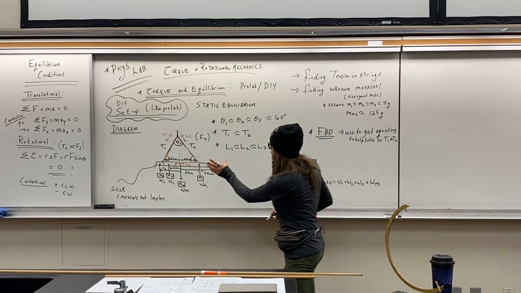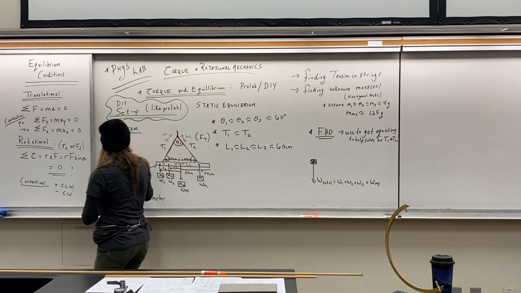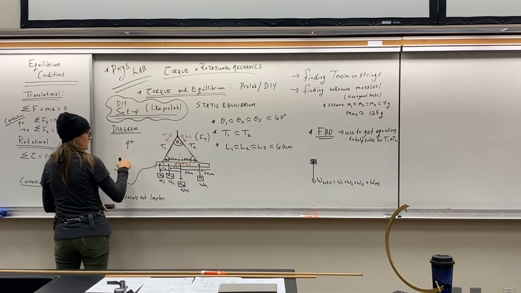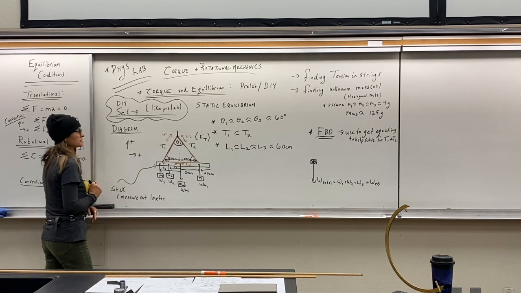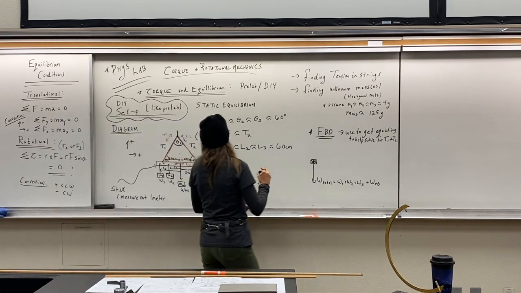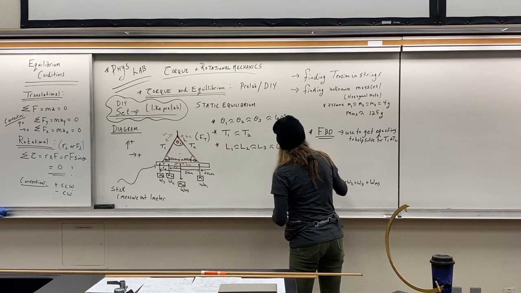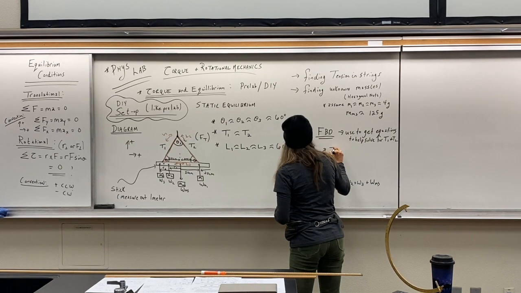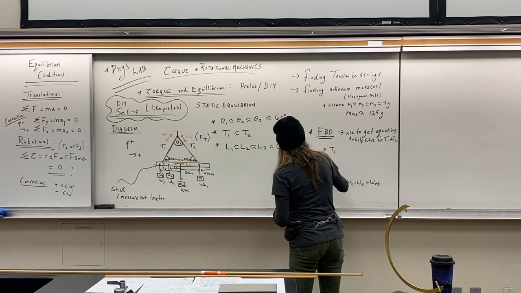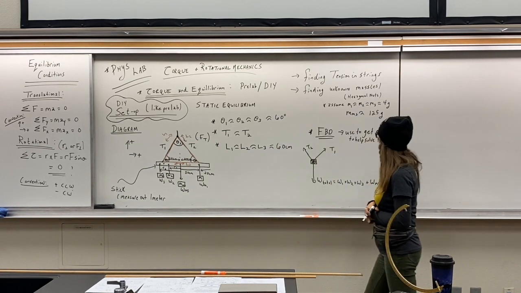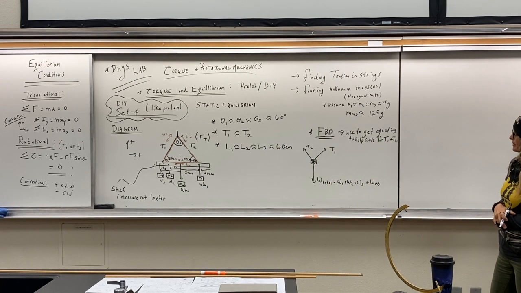And those are all vertically down. My convention is going to be up positive, down negative, positive to the right. And then I have two tensions acting on it. So I have T1, and I have T2. So that's my free body diagram.